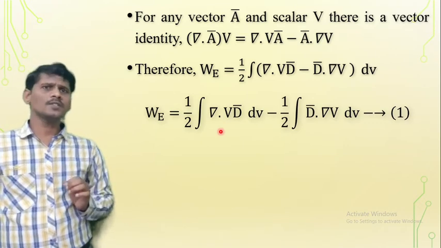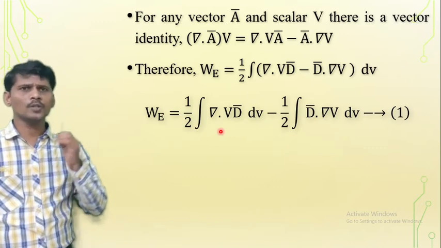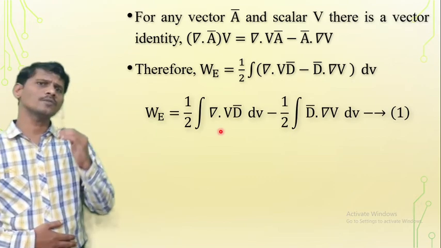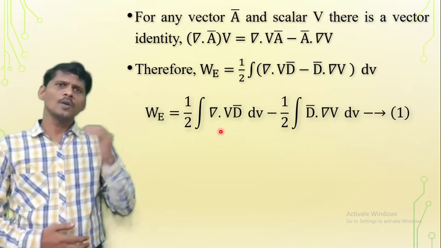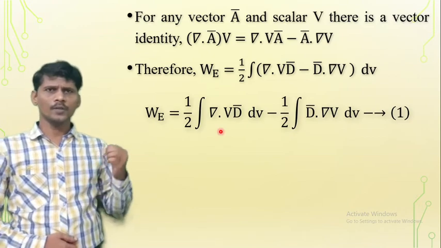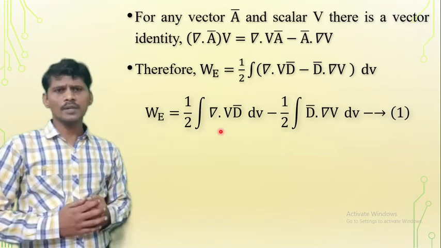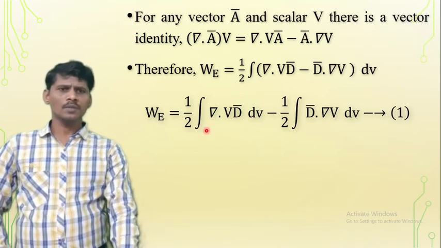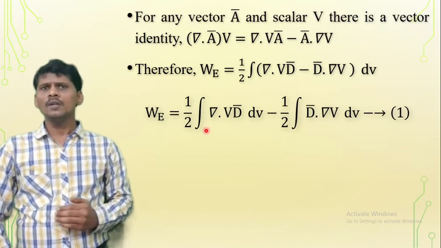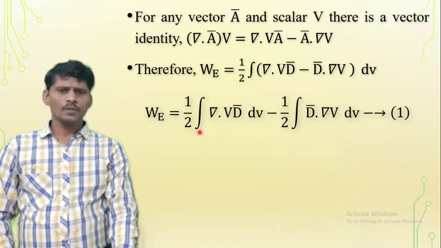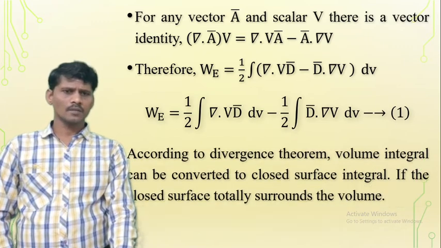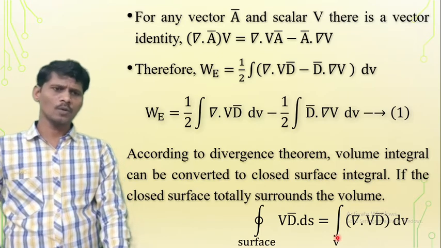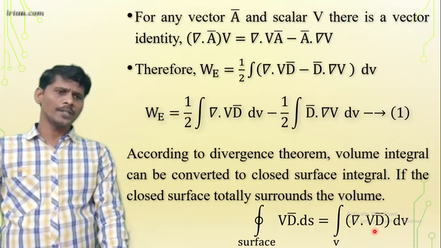So using the divergence theorem, the volume integral will be converted to the closed surface integral. What is the statement of the divergence theorem? The closed surface integral of A bar dot dS bar is equal to the volume integral of del dot A bar into dV, where A bar is a vector. Now here D bar is the vector, so the first term of this equation will be converted to the closed surface integral. Using the divergence theorem, the closed surface integral of VD bar dot dS bar is equal to the volume integral of del dot VD bar into dV.